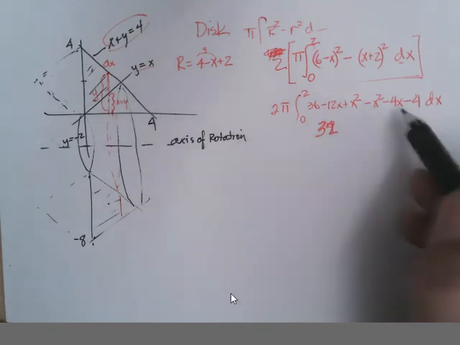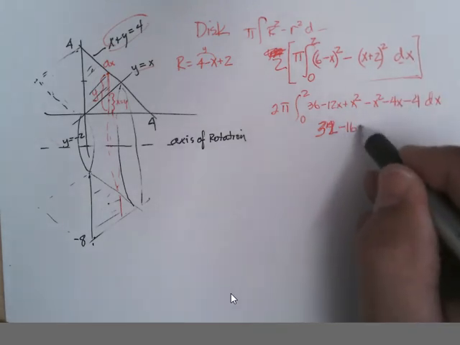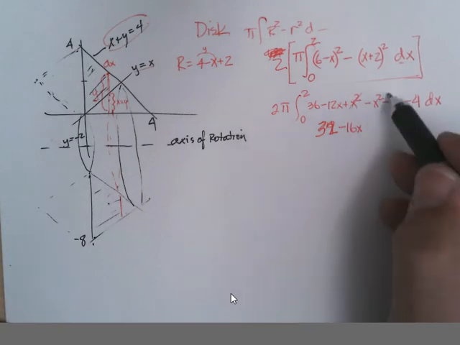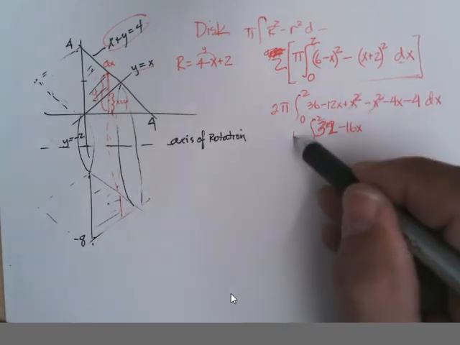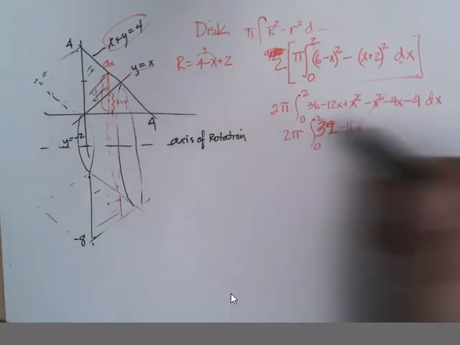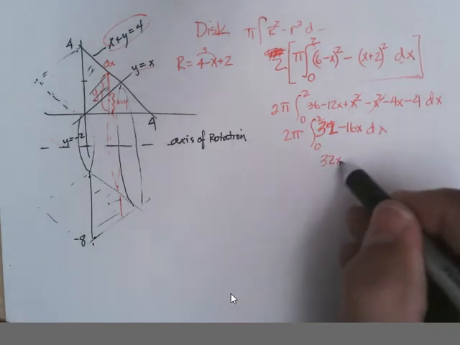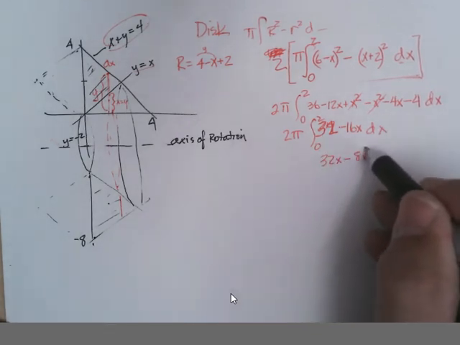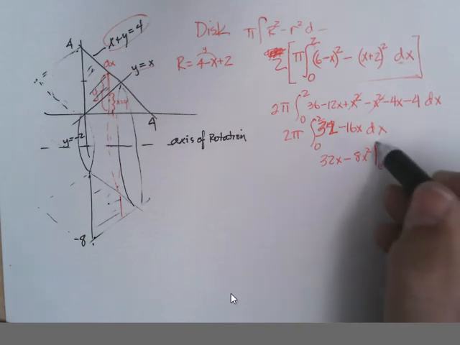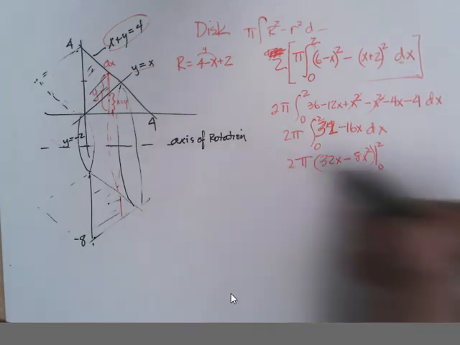I'm going too fast. Minus 12x minus 4x would be minus 16x, and the x squareds cancel. 0 to 2 times 2 pi. So this would be 32x minus 8x squared evaluated from 0 to 2 times 2 pi.